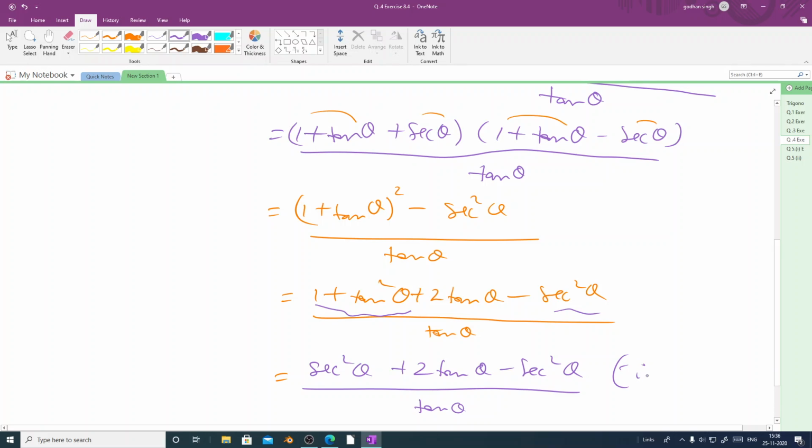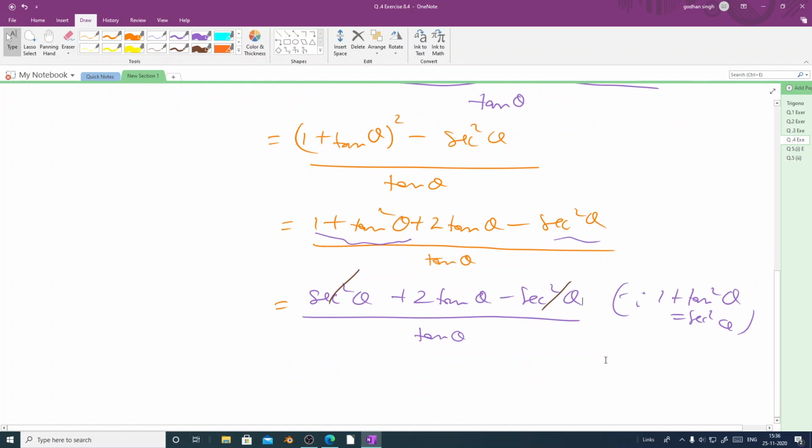Why? Because 1 plus tan square theta is same as sec square theta. So we will be cancelling them, sec square theta minus sec square theta will cancel each other, and what we will be getting here is 2 tan theta over tan theta.